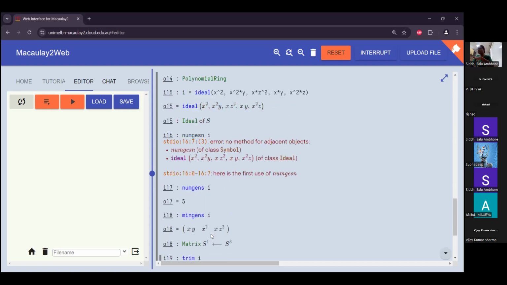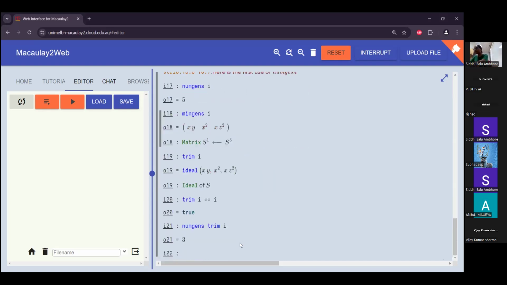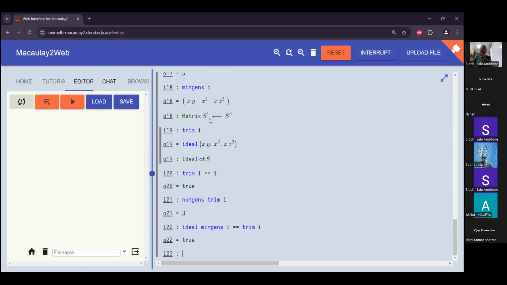That's it for now on numgens, and one more thing: the ideal generated by mingens of I is equal to trim I, because they are exactly the same ideals if you see. Is there any doubt now?